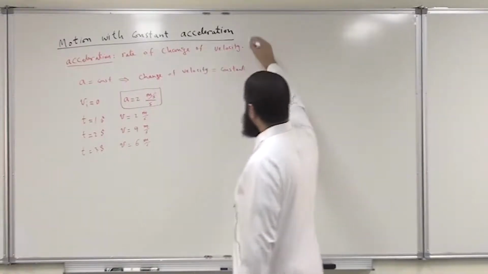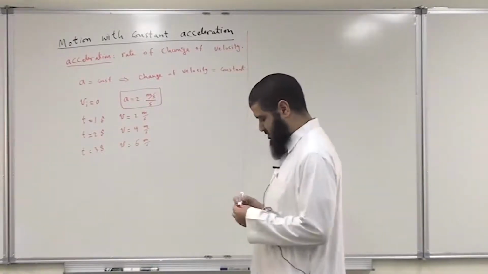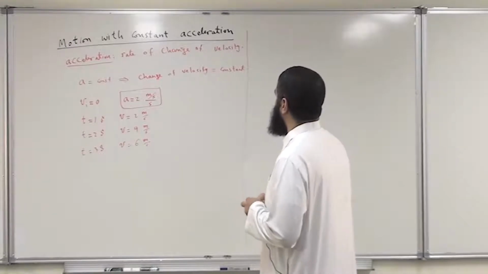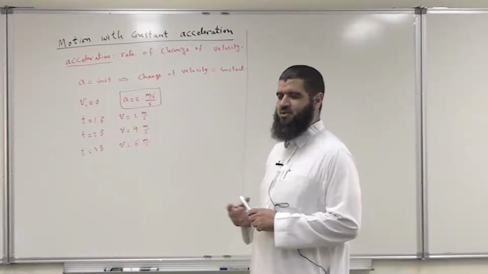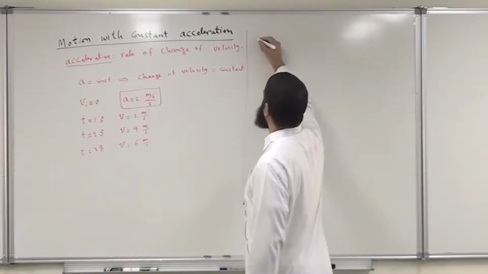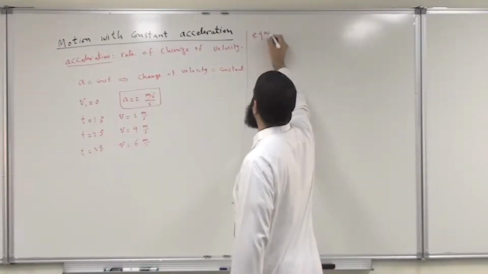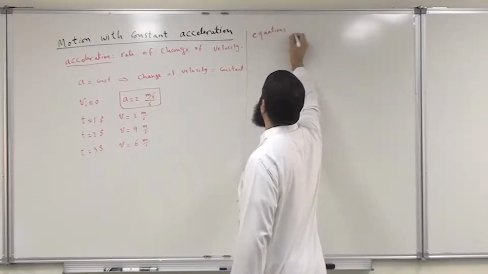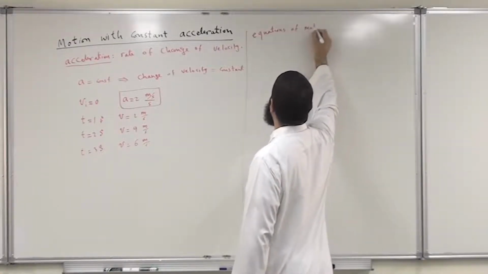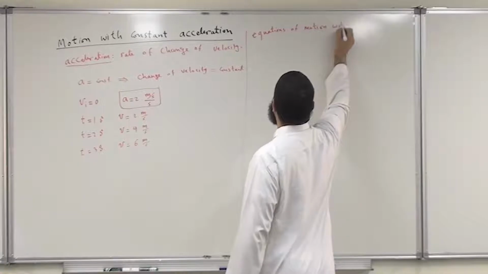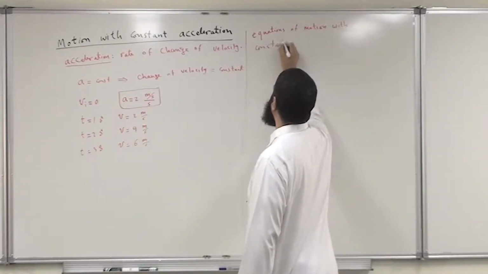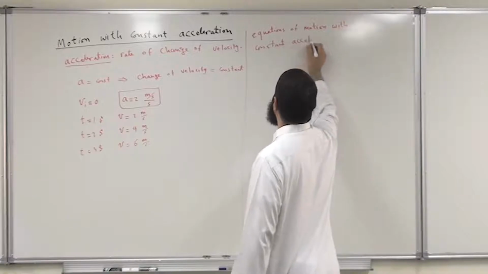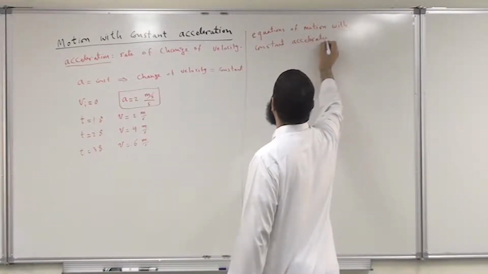This type of motion can be described by 5 equations of motion. So now I write the equations of motion with constant acceleration. There are 5 equations.